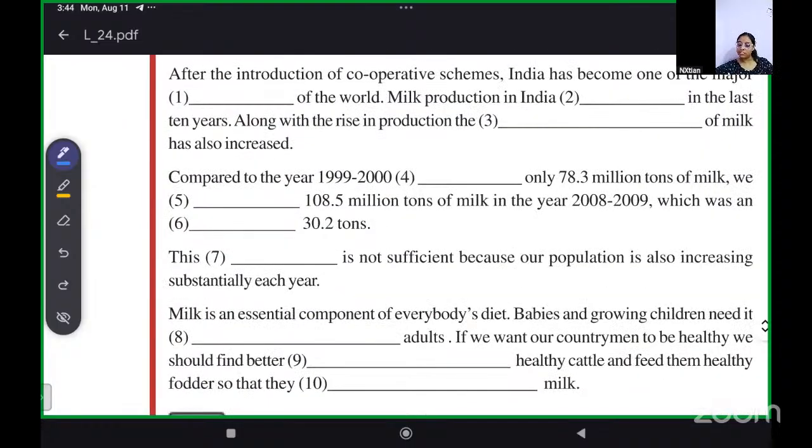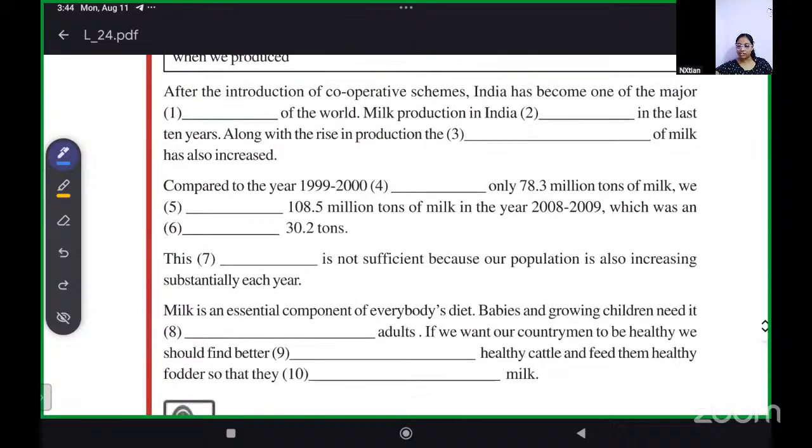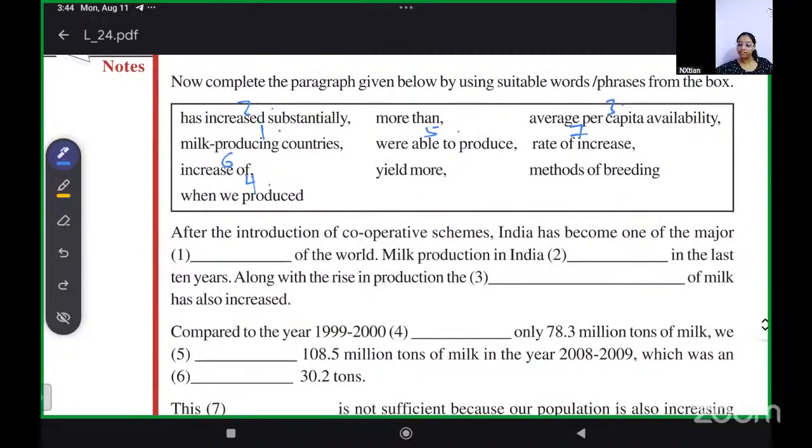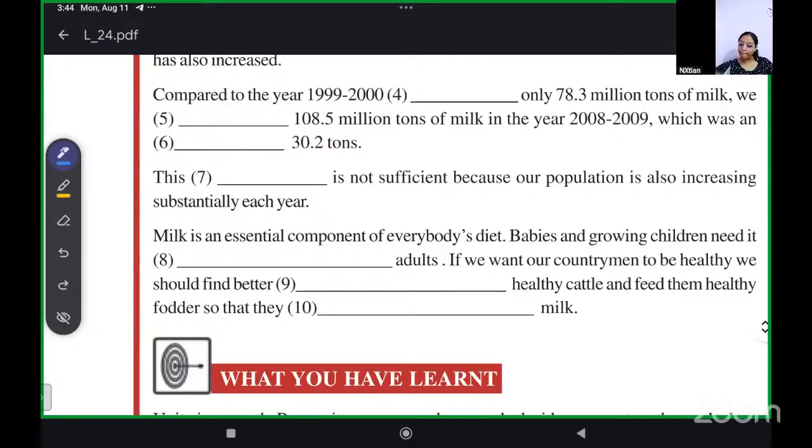Milk is an essential component of everybody's diet. Babies and growing children need it dash adults. More than adults. If we want our countrymen to be healthy, we should find better dash.